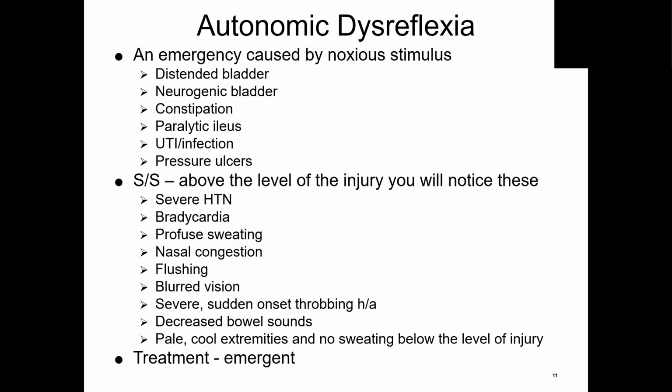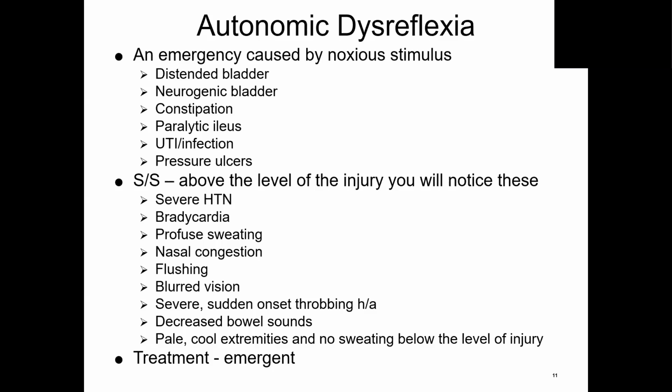And basically, what's happening here is an emergency type situation as a result of a stimulus. So what you see here is spinal cord injuries, and they develop this emergent problem, but basically distended bladder or spasmodic bladder, constipation, any of these things could be a cause for it. But what will happen is they will have signs and symptoms above the level of the injury, okay?